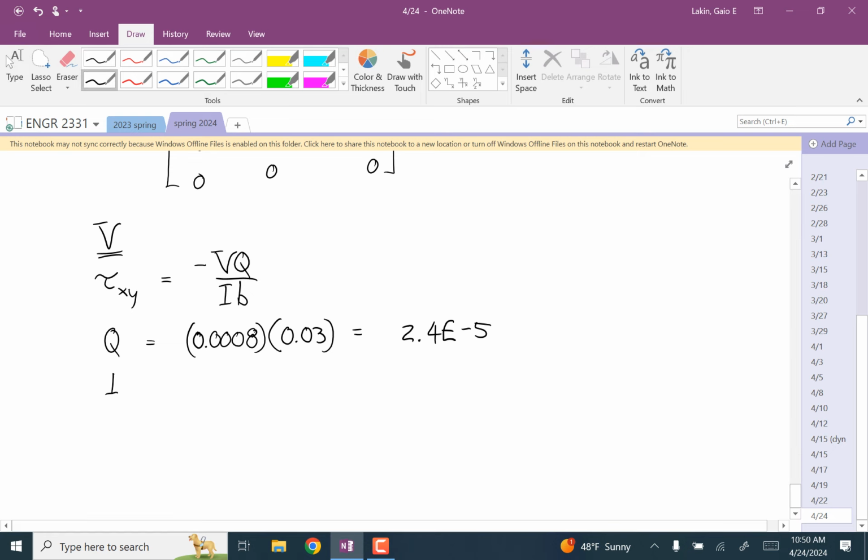And I is 1/12 times the base times the height cubed.